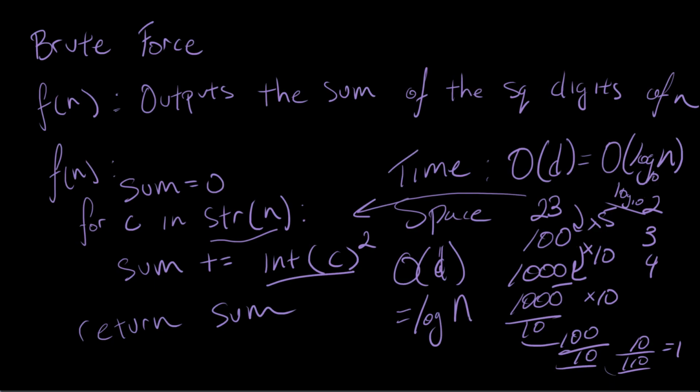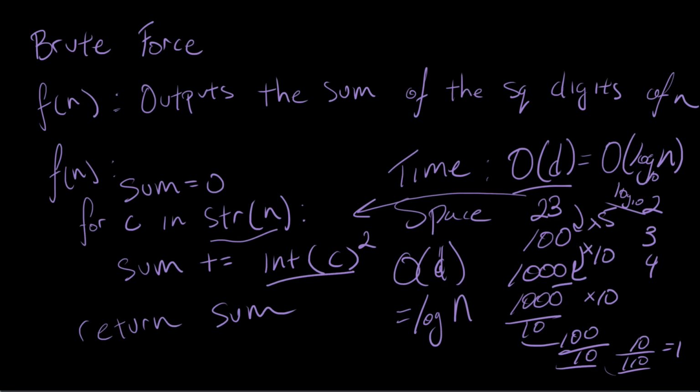The slightly better way of doing it is to not have to cast it to a string and instead do everything mathematically. The time complexity of this is exactly the same because we can't get any better than O of d. We have to at least look at every digit in order to sum the squares of the digits.